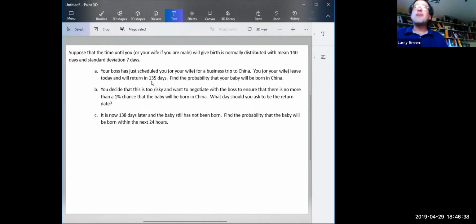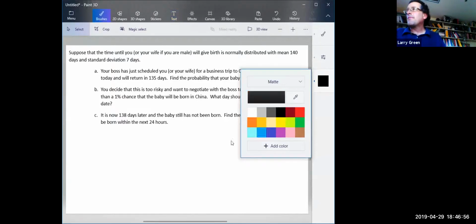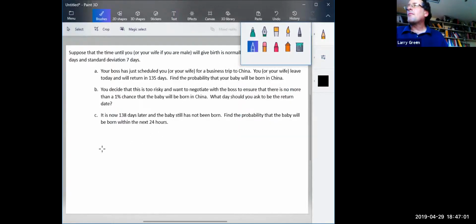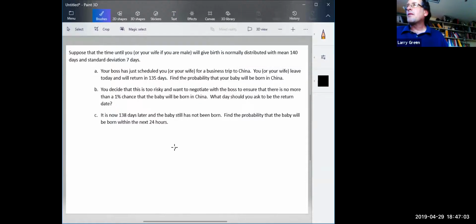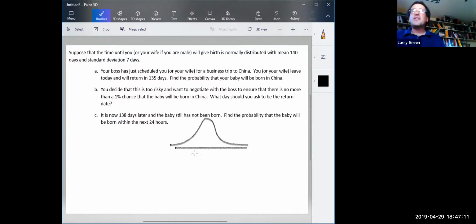Any questions on the question? Okay, so as I've been doing all along, the very first step is to draw a picture. And you're used to this picture? Well, that's not the best, but you get the idea. That's a normal curve.